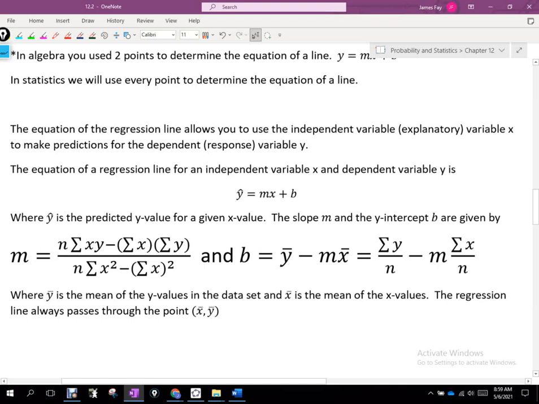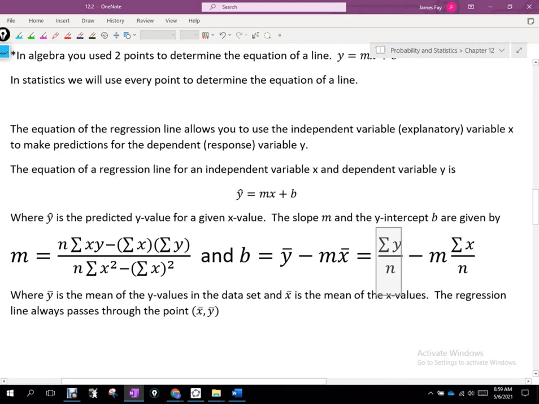B, or your y-intercept, is going to be equal to y bar, which we'll talk about in a moment, minus m times x bar. This is an extended equation, which means there is the equation, but it is also equal to that. If I compare the first part of this equation, y bar, that's the sum of all my y's divided by how many ordered pairs I have.